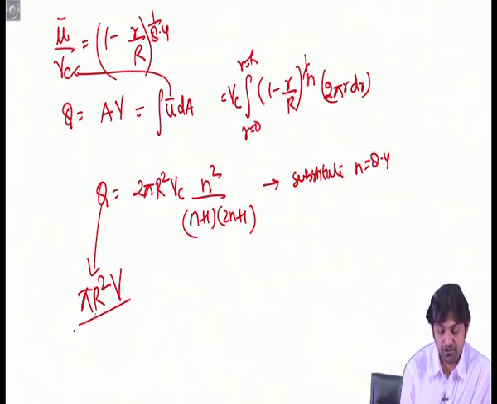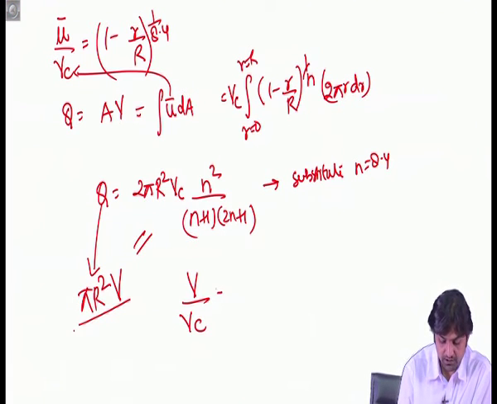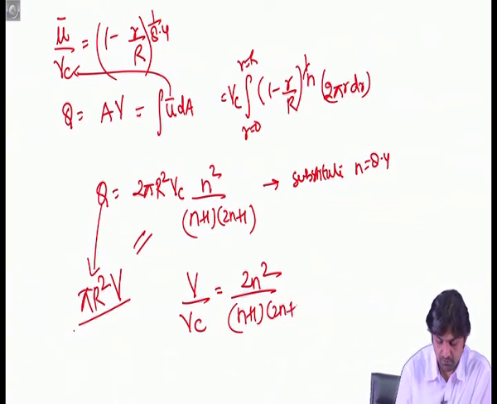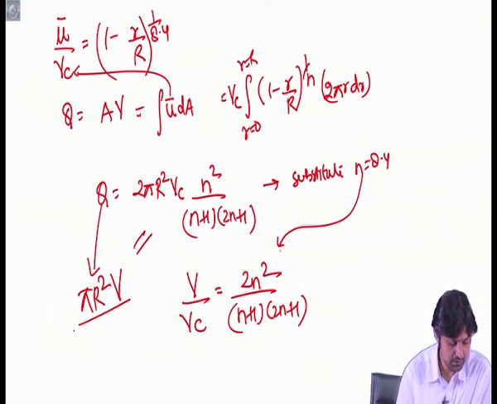Because this is also equal to Q. So now if we equate both of those, we get V by Vc equal to 2n squared divided by n plus 1 into 2n plus 1, and we substitute the value here.